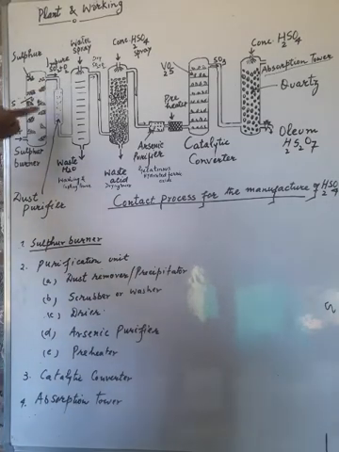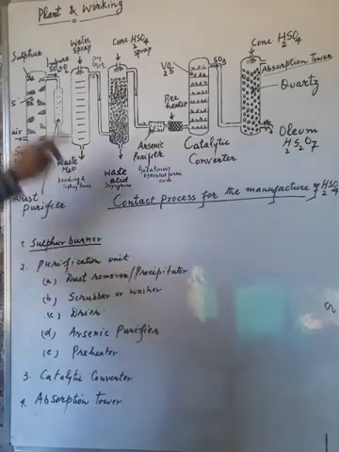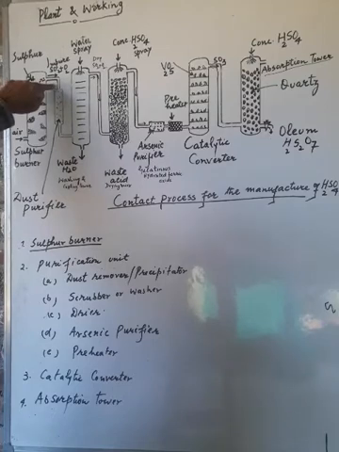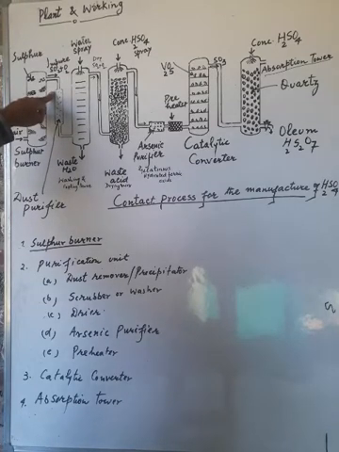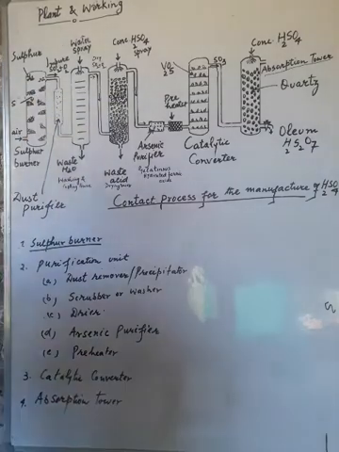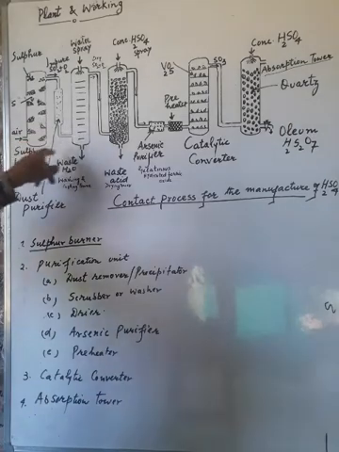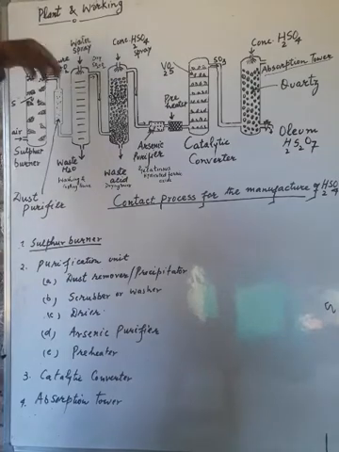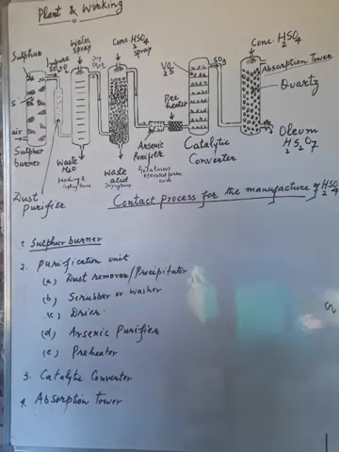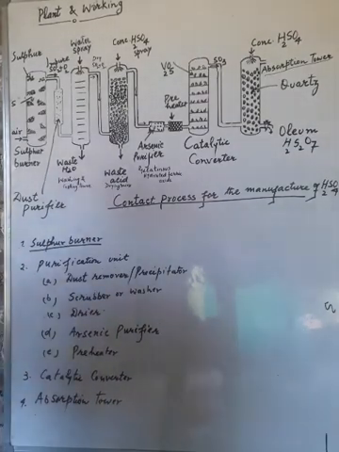First, it is taken in the dust remover or precipitator, where steam is used and the dust is removed, or we have an electrical precipitator due to which the dust is removed. Then this gas is passed into the washing and cooling tower, where we spray water from the top and wash away the dissolved impurities in the sulfur dioxide.